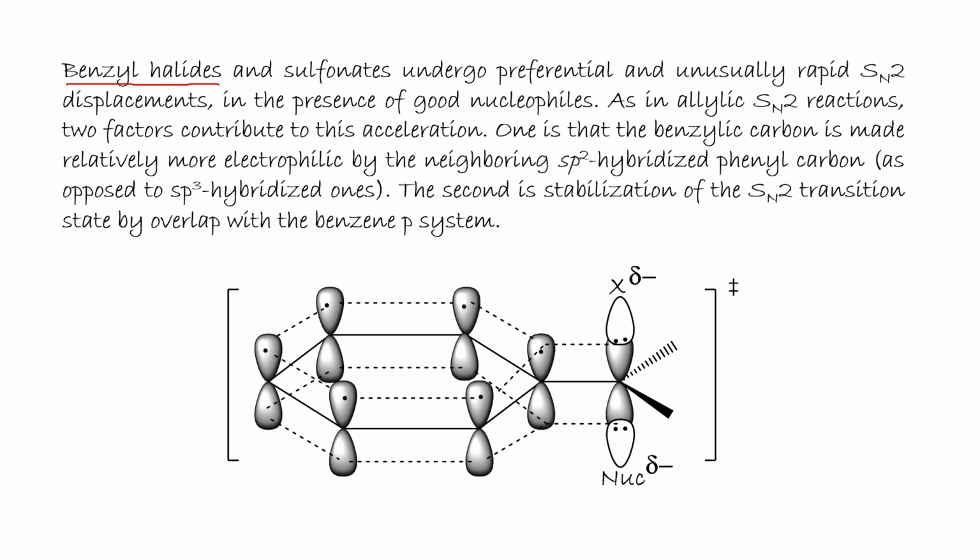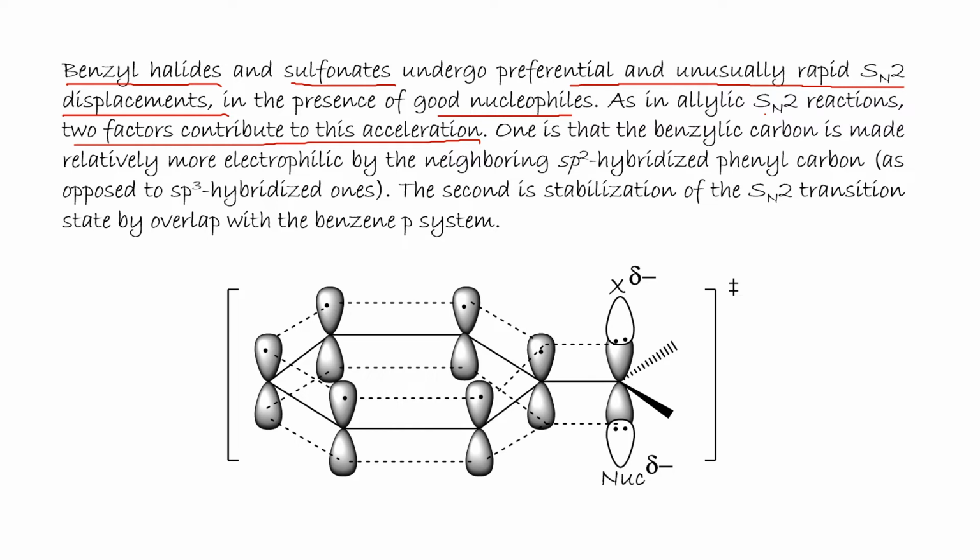Benzyl halides and sulfonates undergo preferential and unusually rapid SN2 displacement in the presence of a good nucleophile. As in allylic SN2 reactions, two factors contribute to this acceleration: inductive effect and resonance effect.